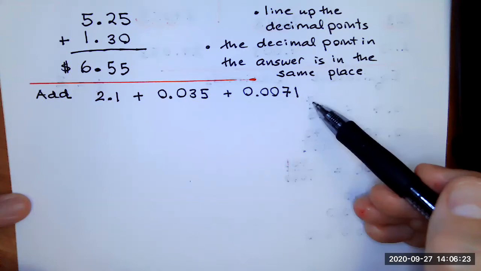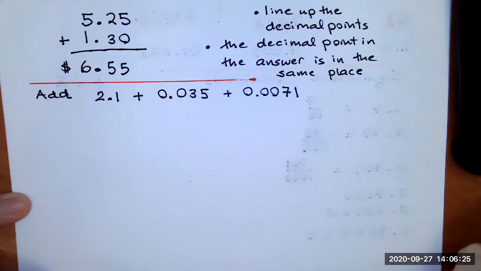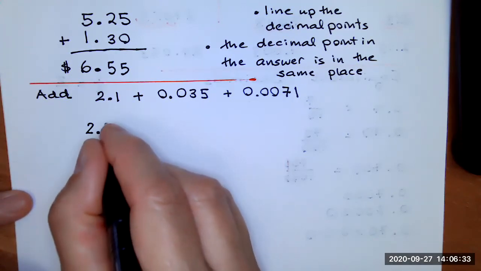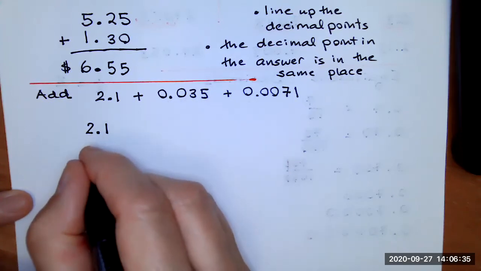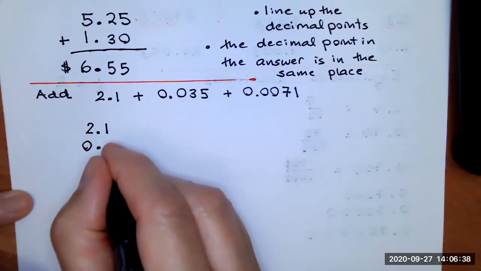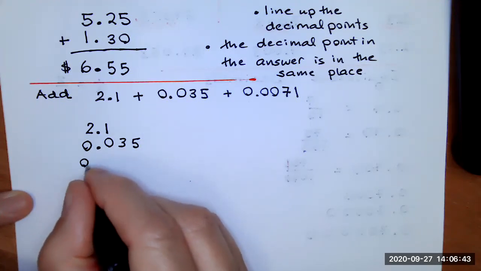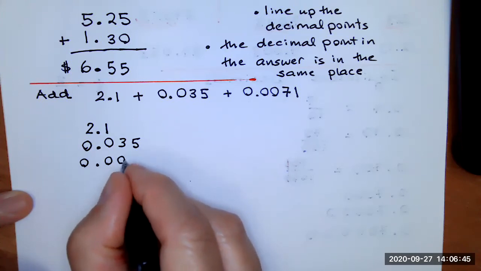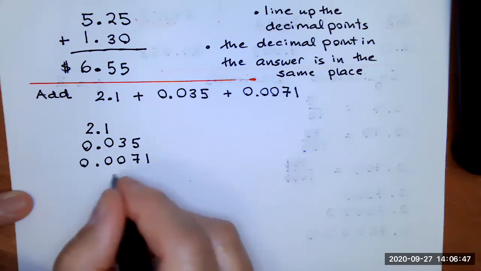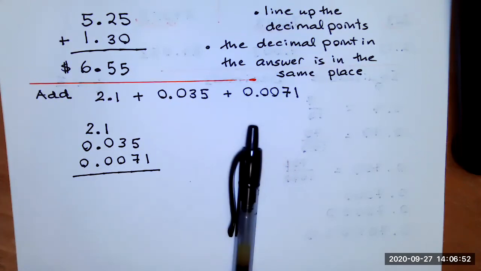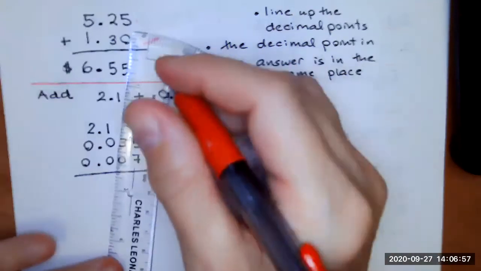So if you want, you could hit the pause button and try this one. All right, so it doesn't matter if they have the same number of decimal places to start with. You just need to line up the dots. And then I like to make it beautiful.